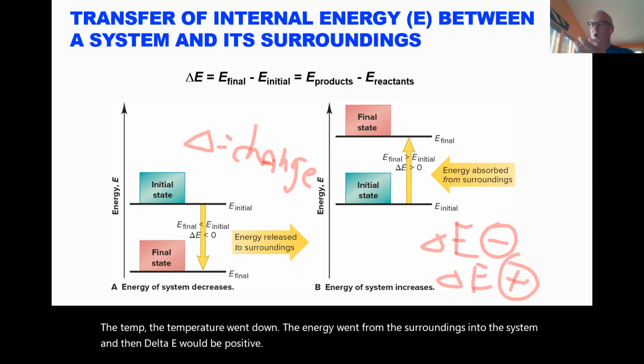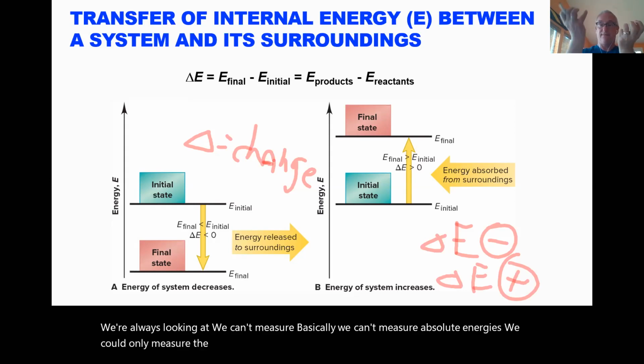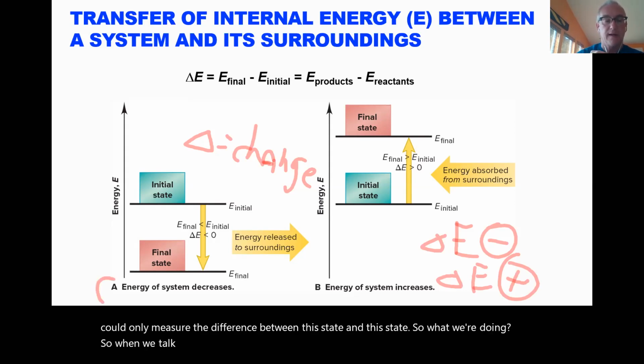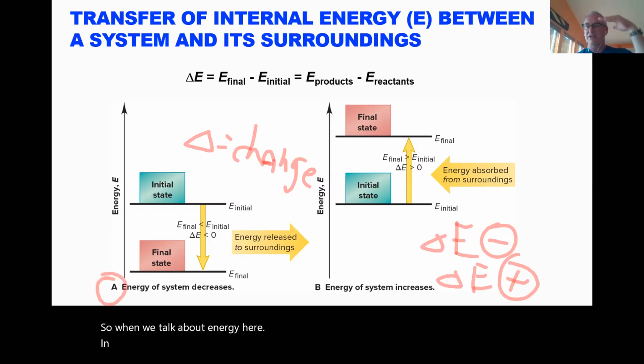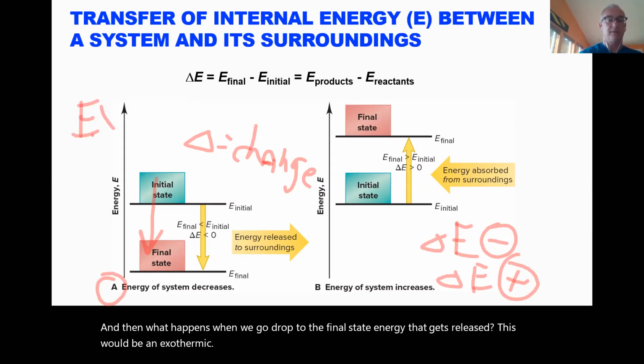So we can't measure absolute energies. We can only measure the difference between this state and this state. So when we talk about energy here, where we start at a high energy and then drop to the final state, energy then gets released. This would be an exothermic reaction.